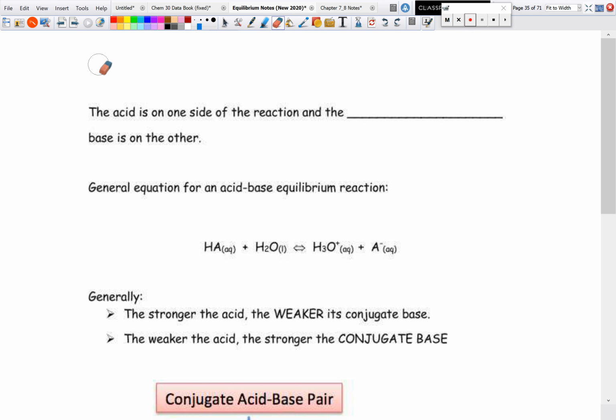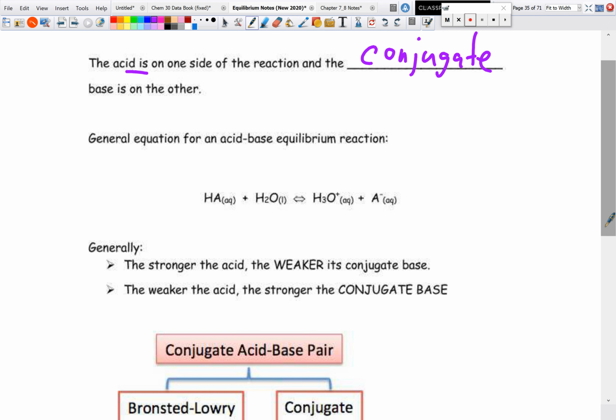So for example, if we have an acid on one side of the reaction, the conjugate base is going to be on the other side. Generally, if we have something acting as an acid in the forward reaction, it's the base in the reverse. So we have HA here and A- over here.